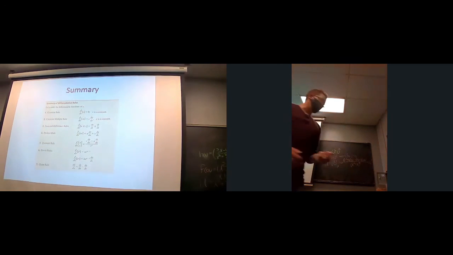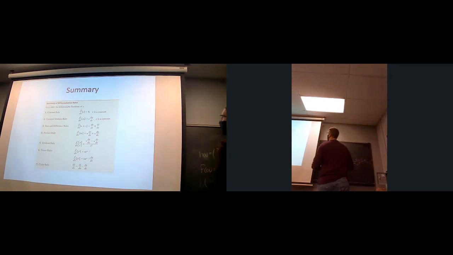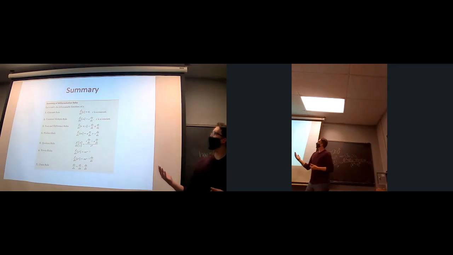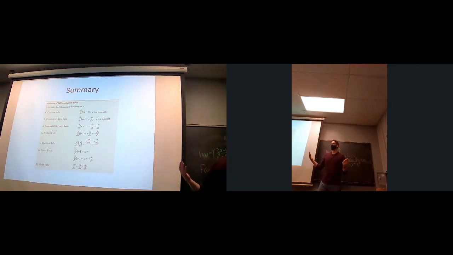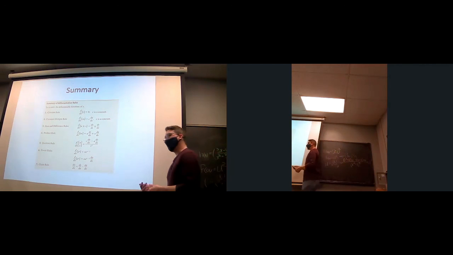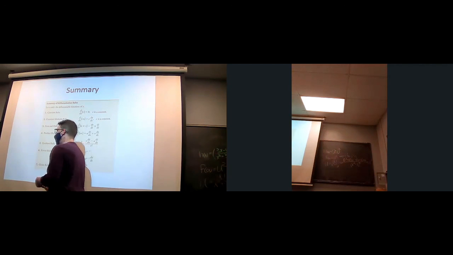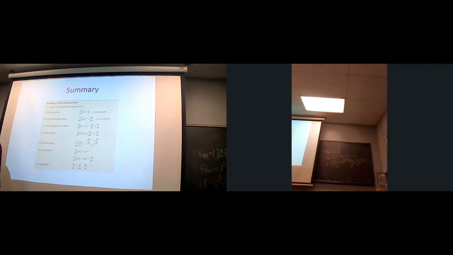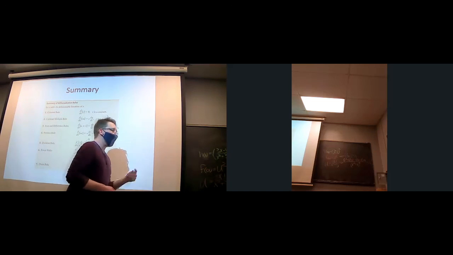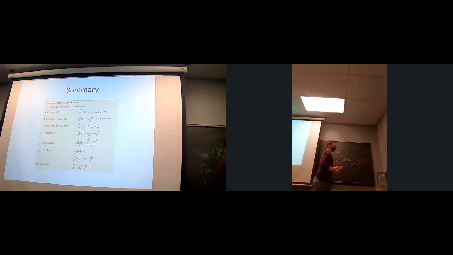All right, so as a quick review of all of our different rules, we've got the constant rule, which says the derivative of a constant is 0. We've got the constant multiple rule, which says that the derivative of c times a function is just c times the derivative of that function. We've got the sum and difference rule, which says that the derivative of f plus g is going to be the derivative of f plus the derivative of g.